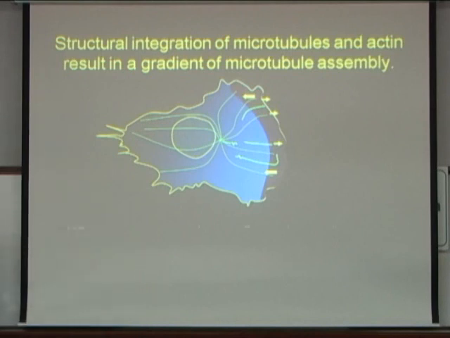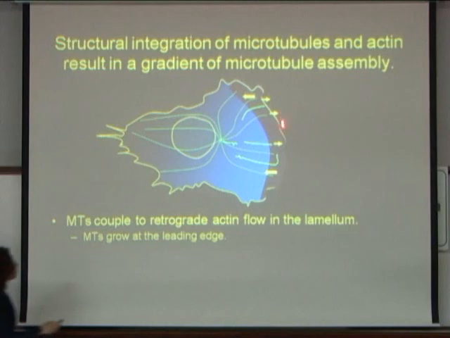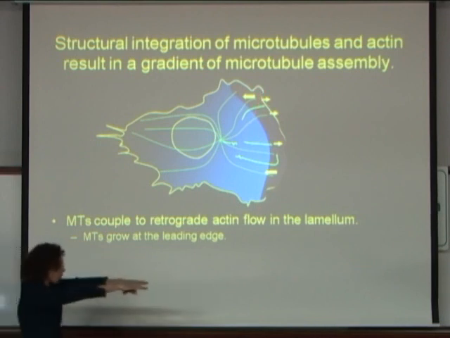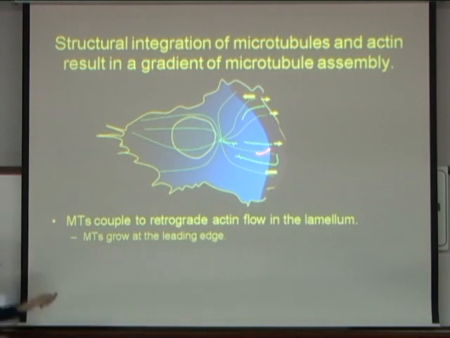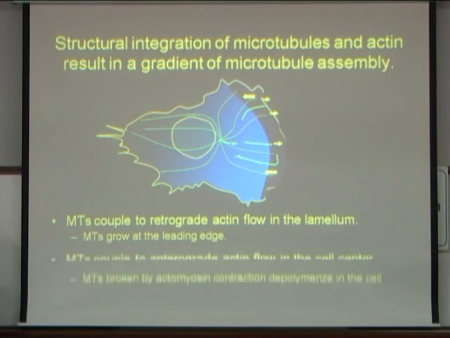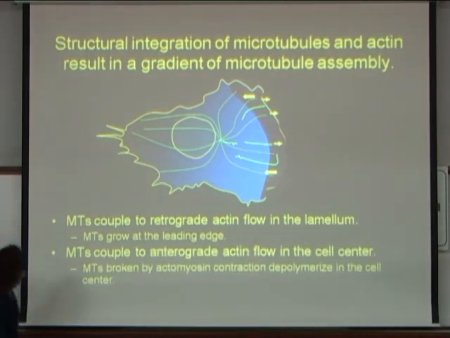So that in the front of the cell, microtubules are coupled to this actin retrograde flow in the lamellum, and they continue, for some reason, which I'll get to quickly, they continue to grow forward. So as the cell advances, the microtubules are continuously growing forward, while at the same time they're being swept backwards by the actin cytoskeleton, by being hooked to the actin cytoskeleton.